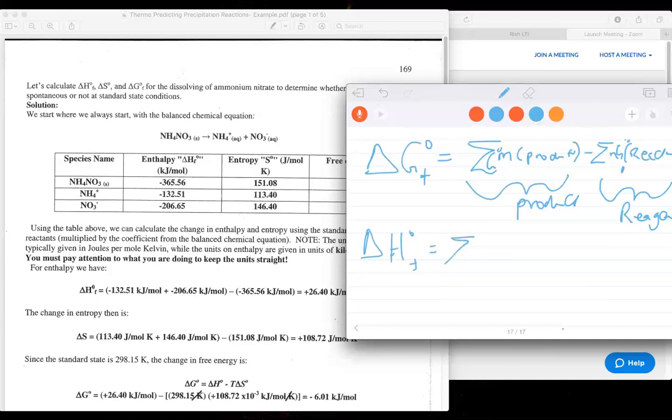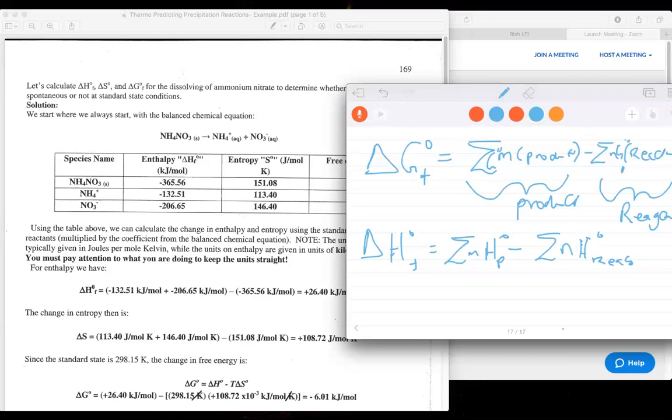That means the summation of M, that is H for product, minus the summation of N, the coefficients in the balanced equation, H for the reactants. This is standard state for product, and that one is standard state.